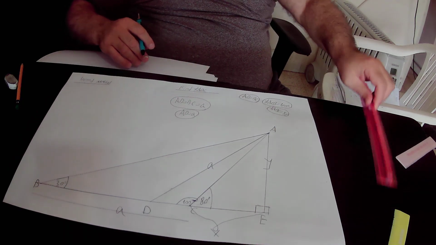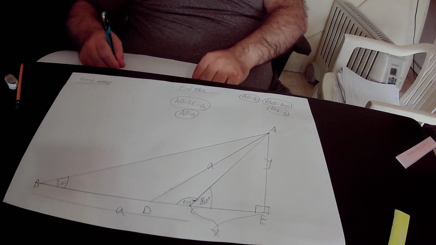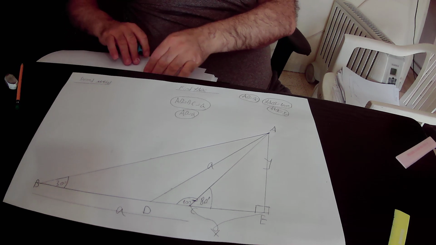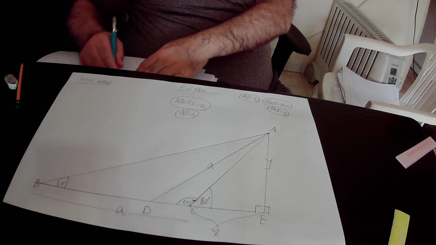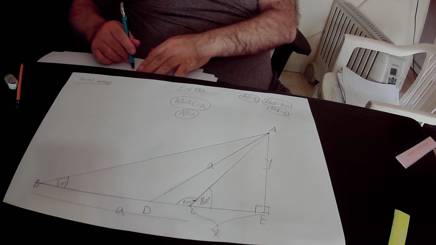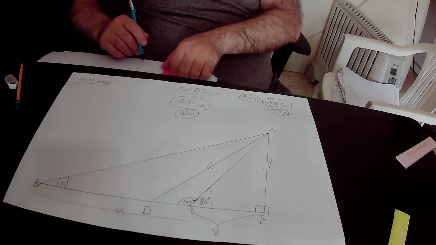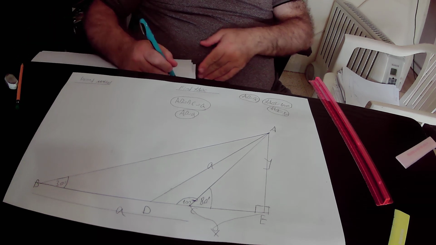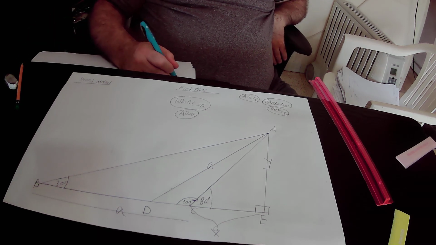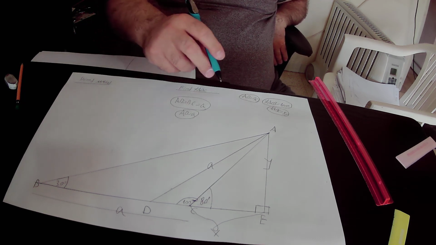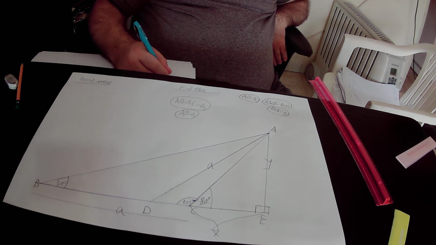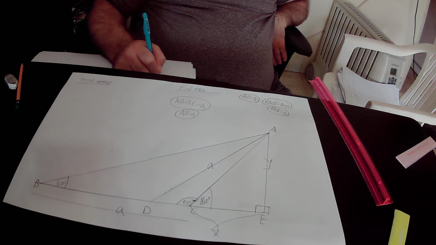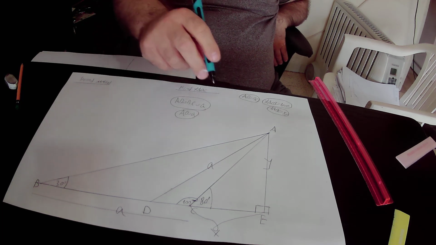In the right triangle ACE, we know that tangent 80 degrees equals AE over CE.